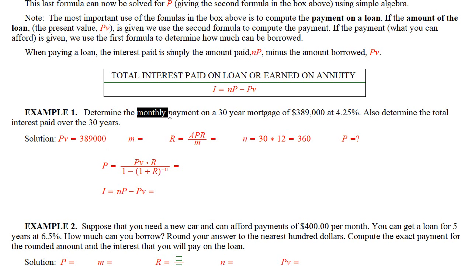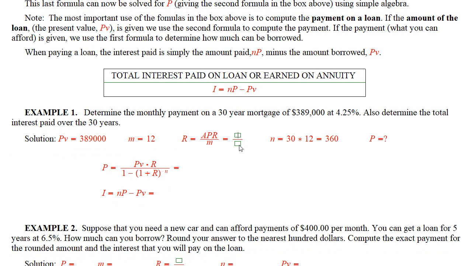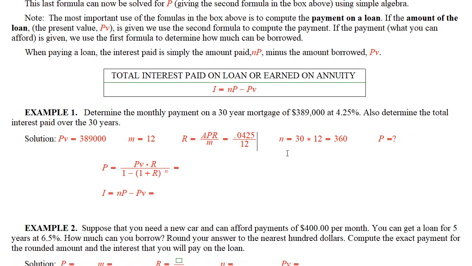So I'm using a real life example here. These are monthly payments, so M here is 12. And then the 4.25%, that's your APR. So R is going to be 0.0425 divided by 12. Let's see if that is a nice number. Nope, repeating decimal. We'll just leave it as 0.0425 divided by 12.